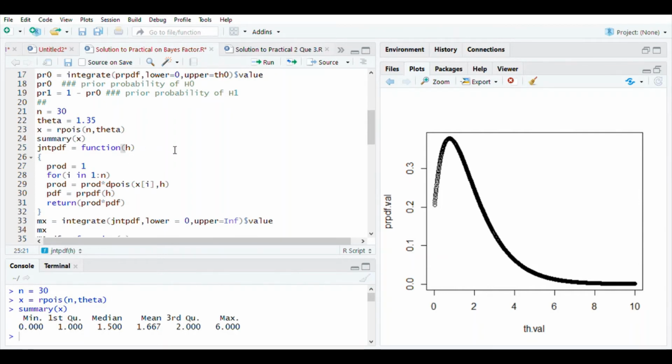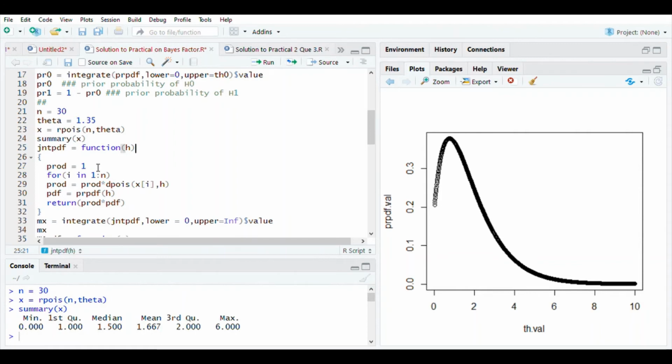Suppose joint PDF is a function of h only, because I have already observed x. I am treating it as a function of h alone, even though technically it should be a function of observations, that is x, and theta. So here I am treating h as the value assumed by theta.